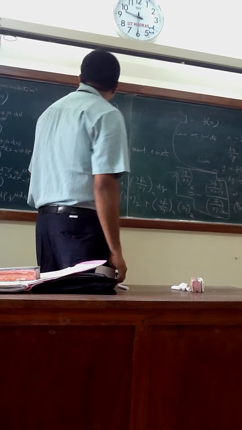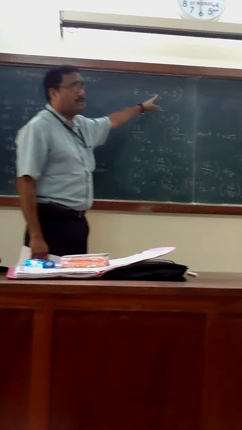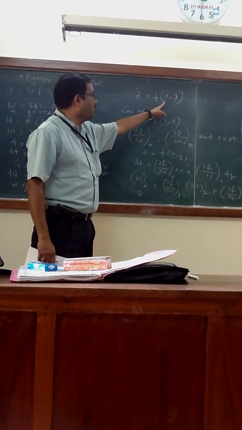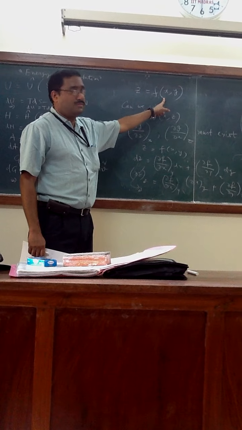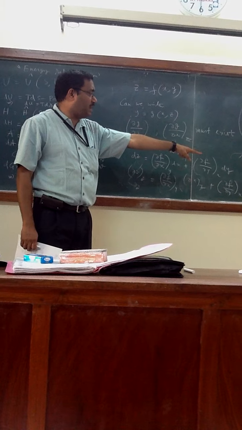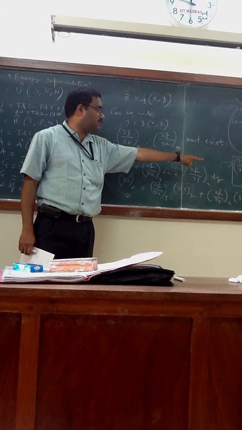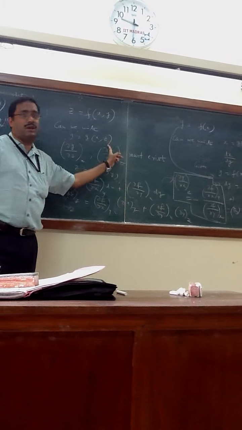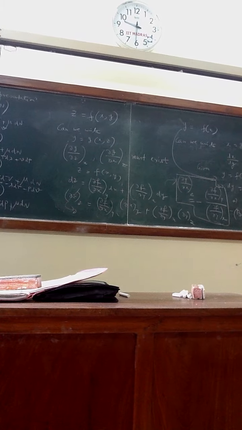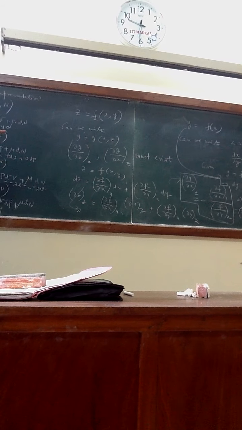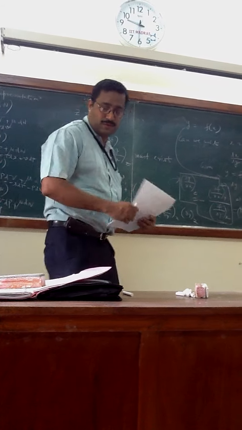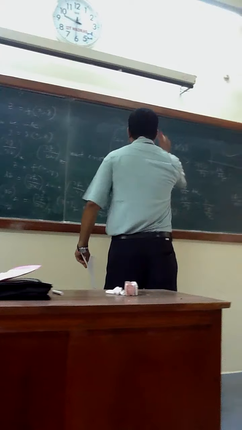So you have to see ∂f/∂y at fixed x. For this case, ∂f/∂y at x should not be 0. If it is 0, then you cannot write (∂y/∂x)_z. If you cannot write that, then you cannot write y equals g of x and z. The other derivative is ∂g/∂x at fixed z.